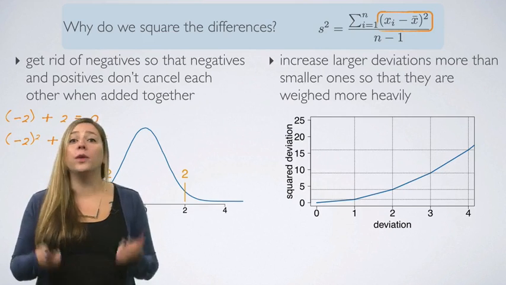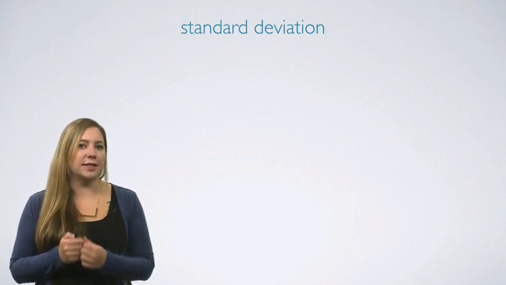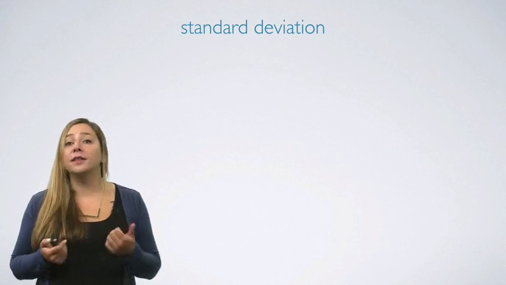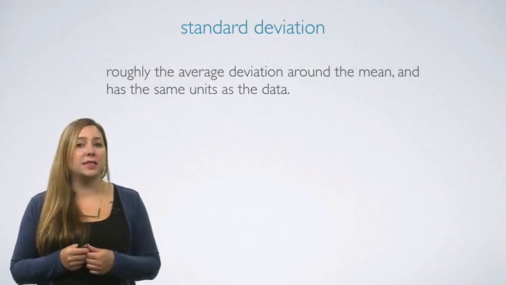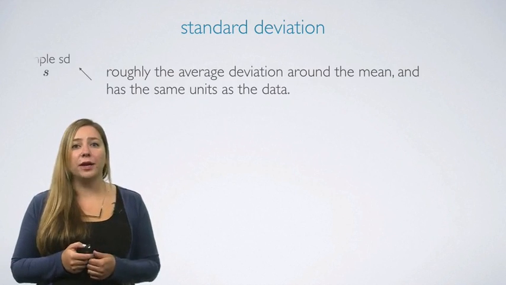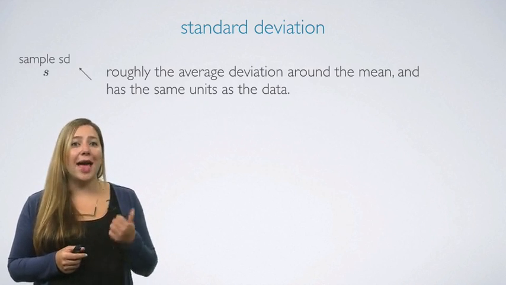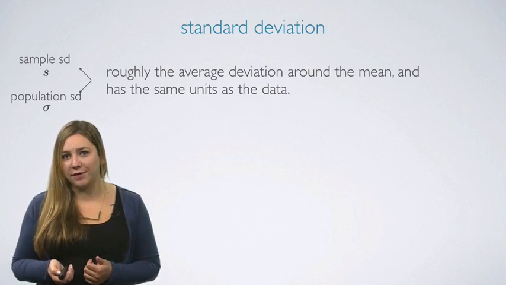However, it's useful to square these deviations. At the end of the day, we would still prefer a measure of variability that has the same units as the observed data, and therefore we turn to standard deviation. This is basically the average deviation around the mean, calculated as the square root of the variance. Once again, we use the Latin-Greek alphabet notation for denoting standard deviation, S for the sample standard deviation, and sigma for the population standard deviation.